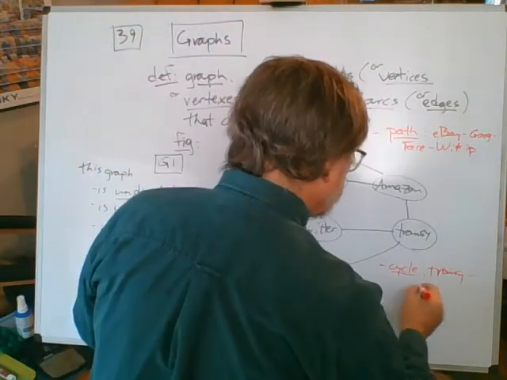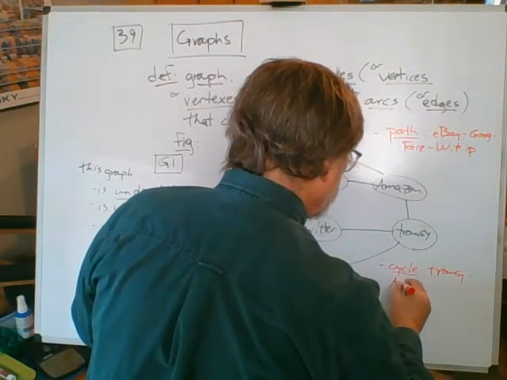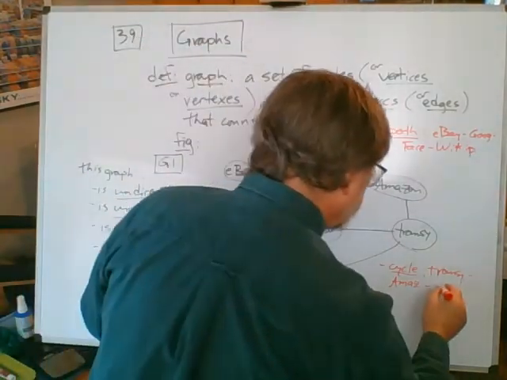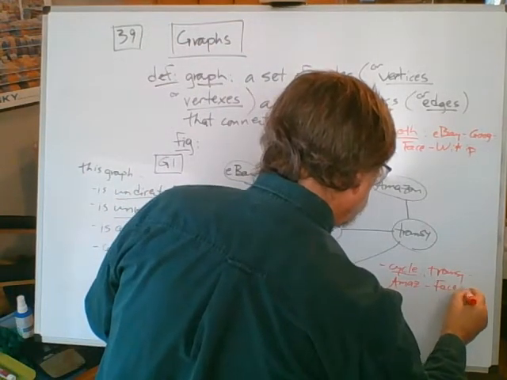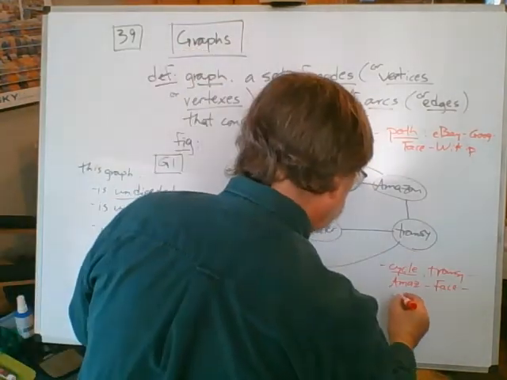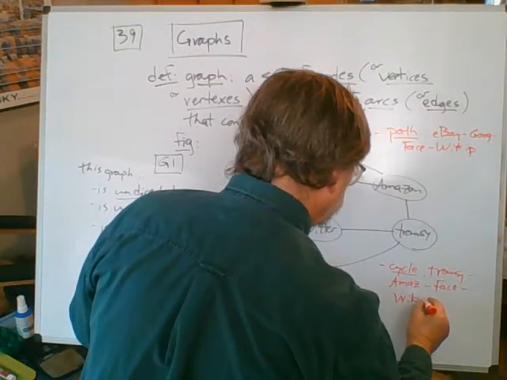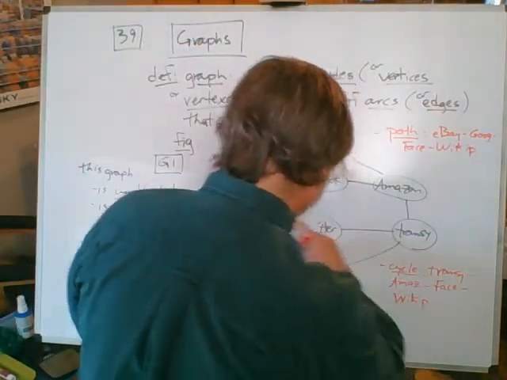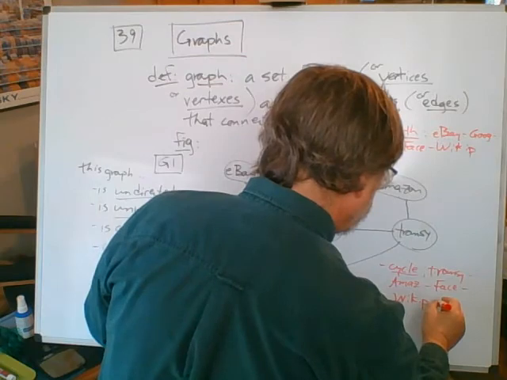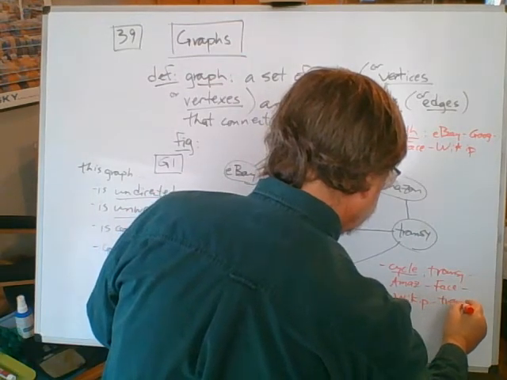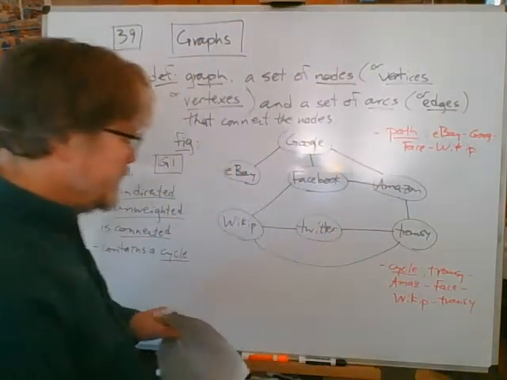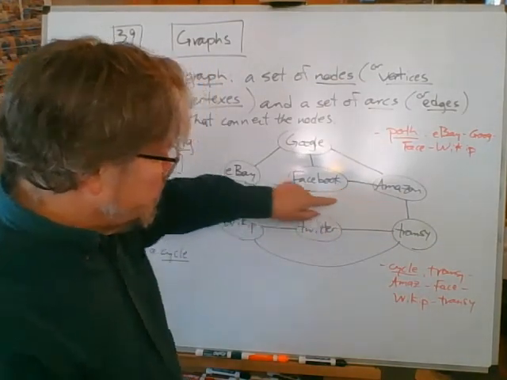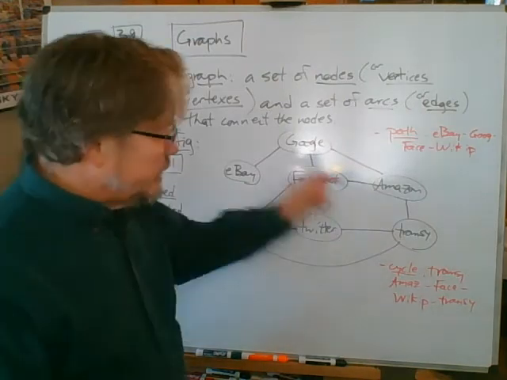Transy to Amazon, A-M-A-Z, and we'll take our tour to Facebook, to Wikipedia, to Transy. I can skip Twitter if I want to. There's an arc that goes directly from Wikipedia to Transy. Transy, let me make sure I got these right. Transy can go to Amazon, can go to Facebook, can go to Wikipedia, and back to Transy.